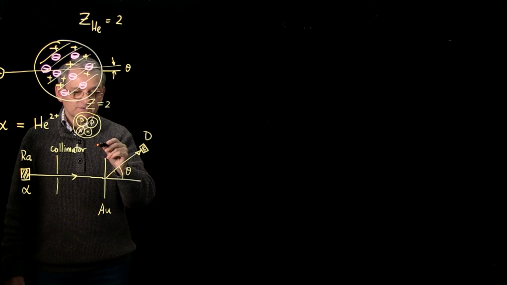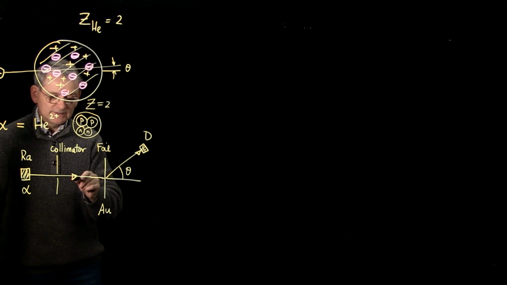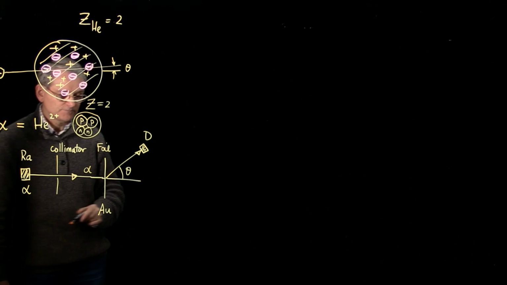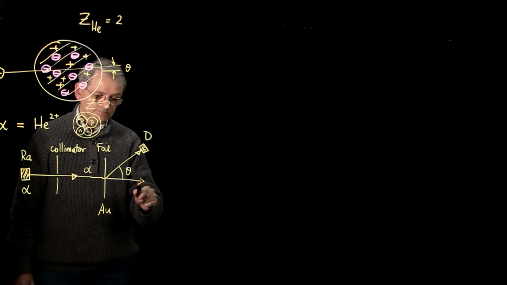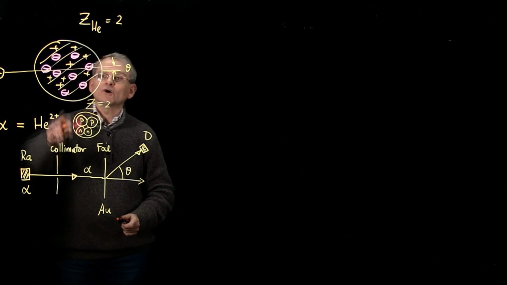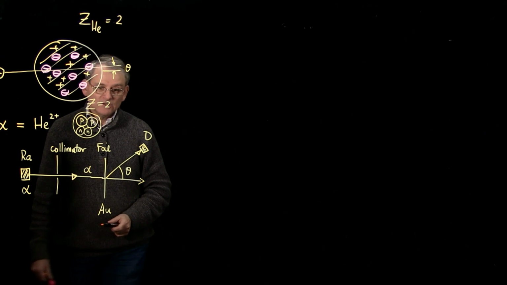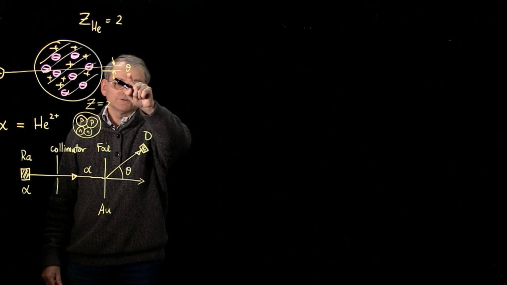So we have this thin foil of gold, we have this incident beam of alpha particles, and we have a detector. And the alpha particles, according to the Thomson model of the atom, should be deflected through small angles.